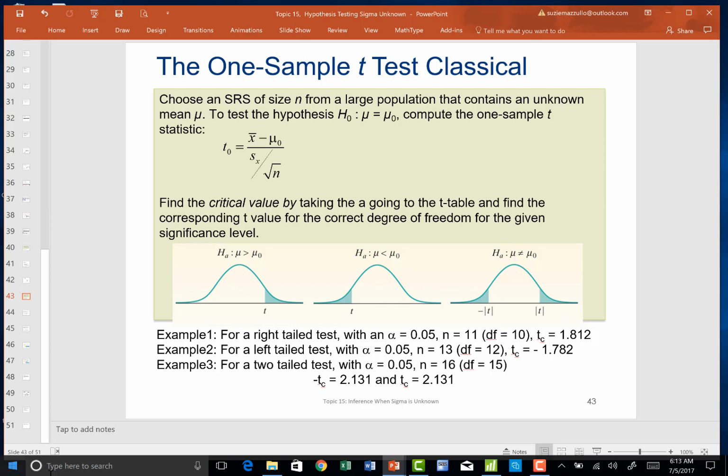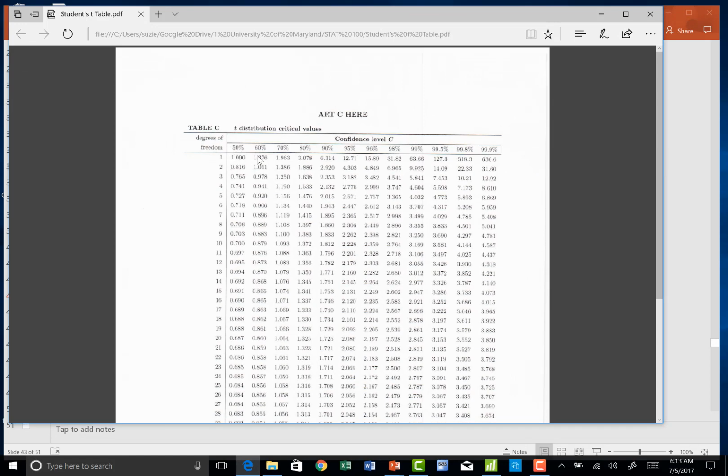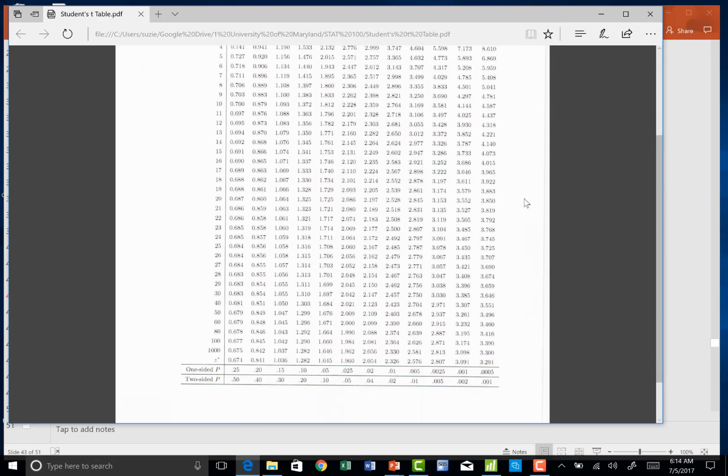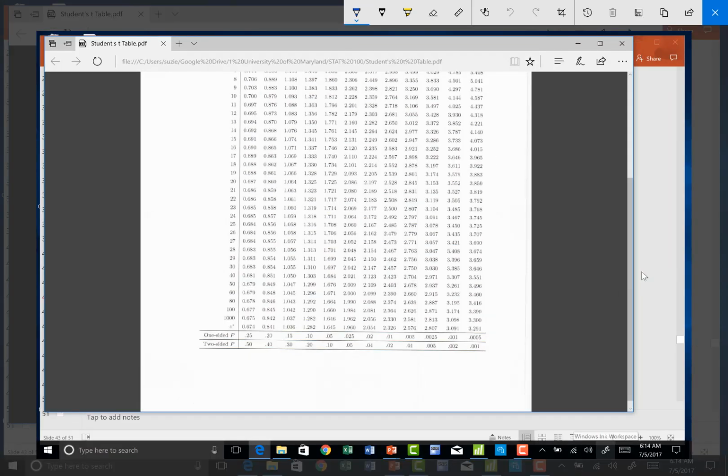On the top are the confidence levels, but if we're doing hypothesis tests, we look at the bottom. When we see one-sided, this is for a left or right-tailed test, and these numbers are two-sided for a two-tailed test.